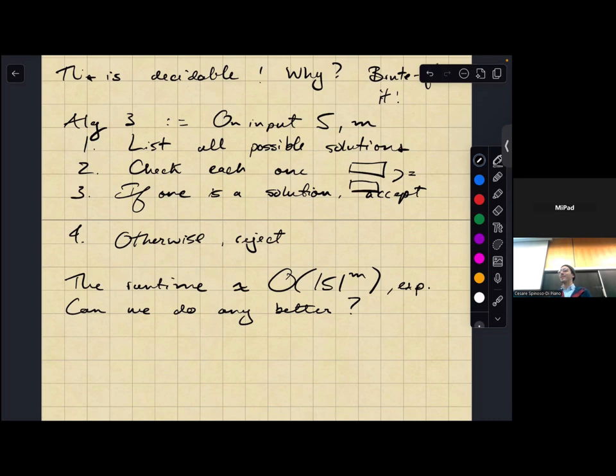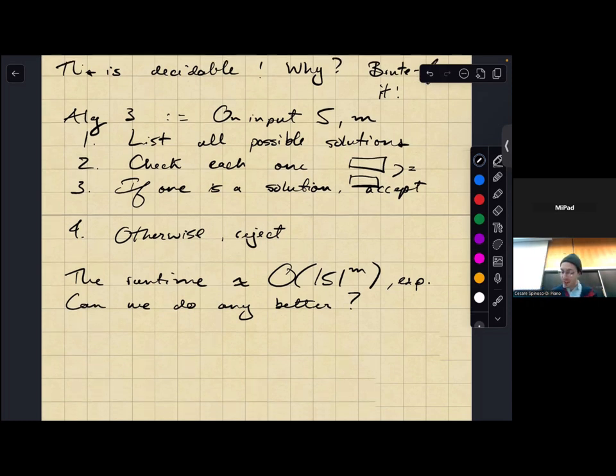Can we do any better? Well, can we, really? Essentially, do you think there's a polynomial time algorithm? Okay, so this is my segue to the NP-complete part of the tutorial. So can we do better?